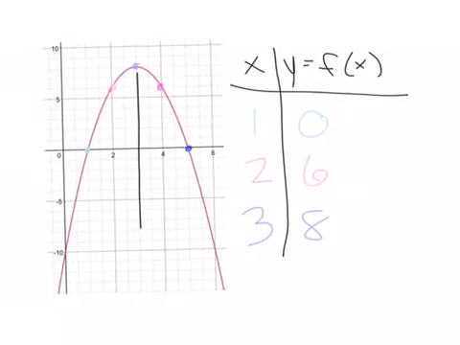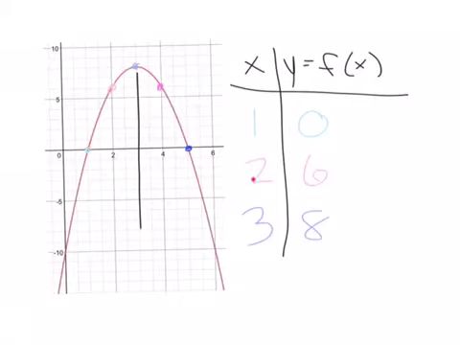Okay, so here I made a table, but I didn't really plug in the numbers; I just gave you the numbers. So we plugged in 1, 2, and 3 for x, but we already knew that if we plugged in 3, that would give us just our 8, which is our vertex over there. If we plug in 1, we get 0, and that's that point right there.